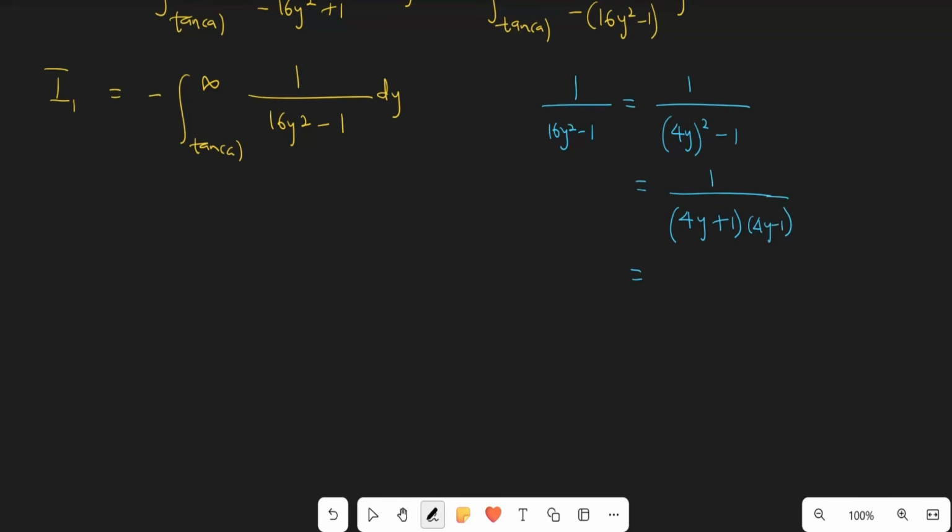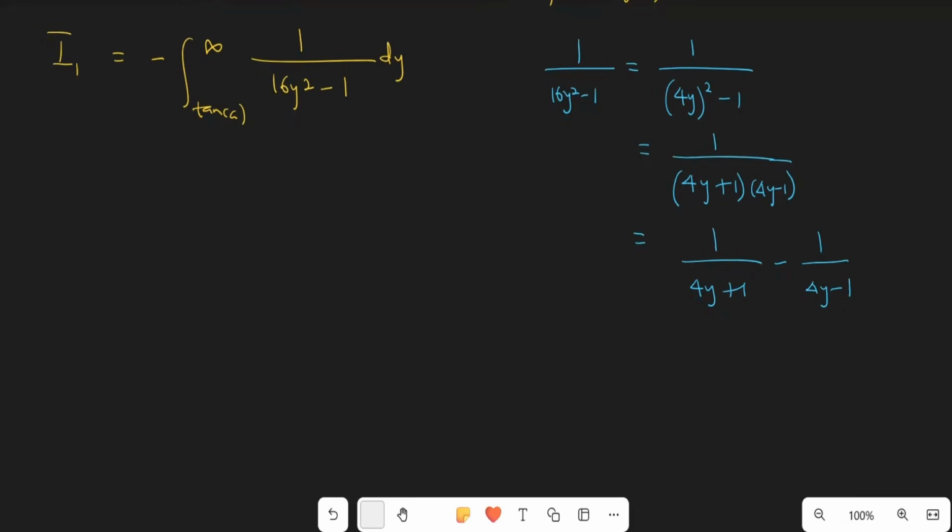And this one we can split it like this: 1 all over 4y plus 1 minus 1 all over 4y minus 1, like this. So when we subtract this, that is going to give you 4y minus 1 minus 4y minus 1, all this one divided by the LCM, which is 4y plus 1 multiplied by 4y minus 1.